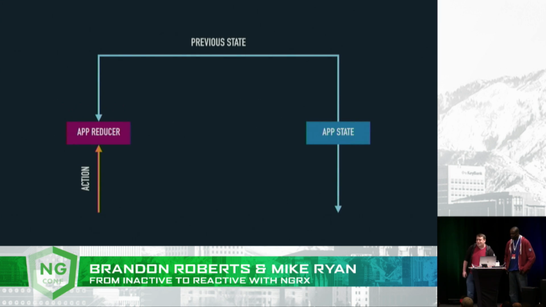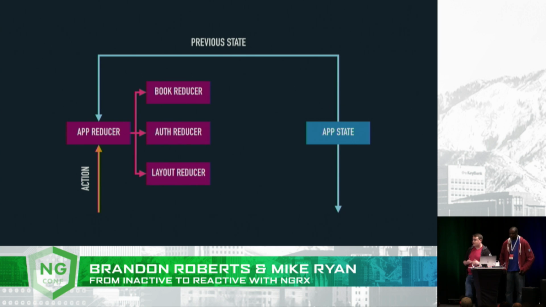We also don't want to write one reducer for our entire application. As we build complex applications, we're going to have a lot of state to manage, and if we try to do that in one reducer, that would get unwieldy really quickly. So ngrx store abstracts away that application reducer, and instead, we're going to delegate state and actions to child reducers that only work on one piece of the state.